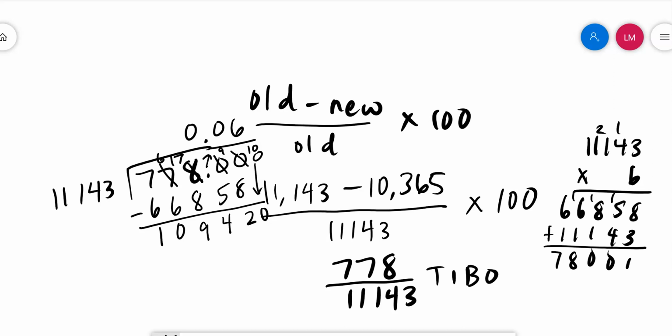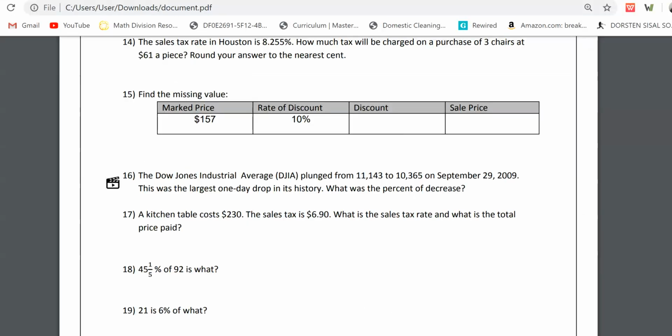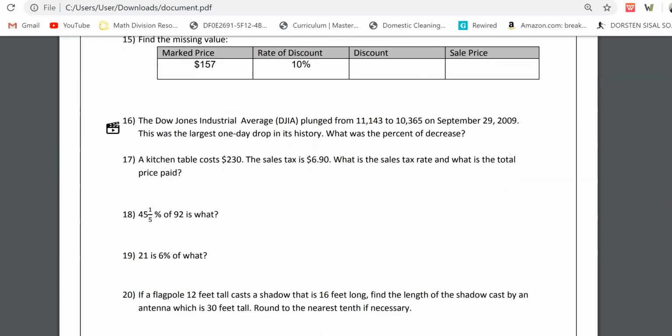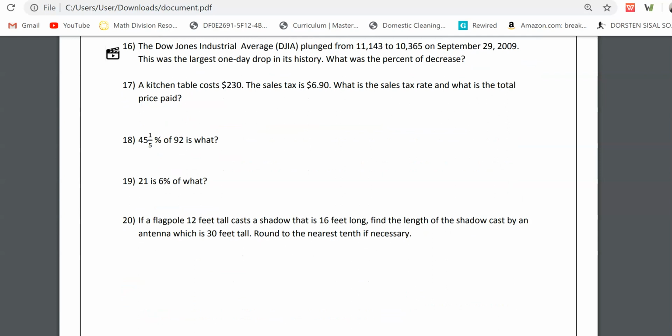So let me tell you what it is. Yeah, it's like 6.9. There's a 9 that ends up going here after we add the 0. So we're going to call this 6.9% the answer to that problem. Okay. All right, it's really messy, I know. So the answer is 6.9%.